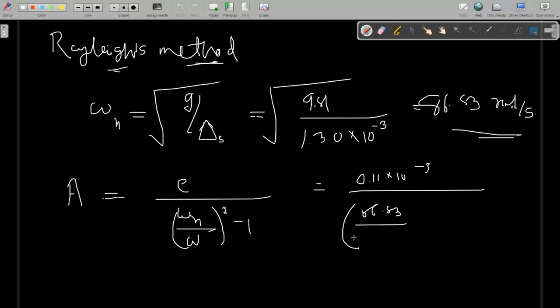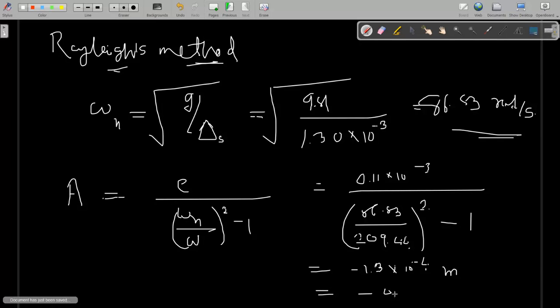So here I am writing 209.44 whole square minus 1. Okay, so when you solve this, you will get minus 1.3 into 10 raised to minus 4 meter. But if you write in mm finally, you will get minus 0.13 mm.